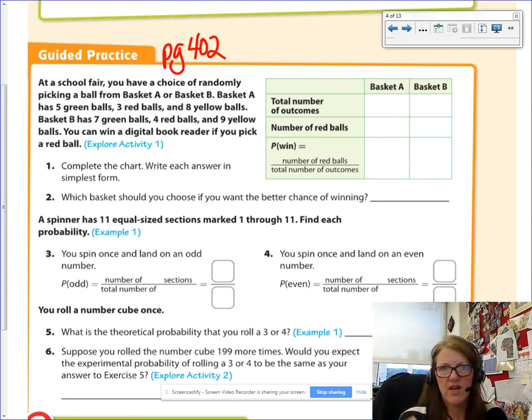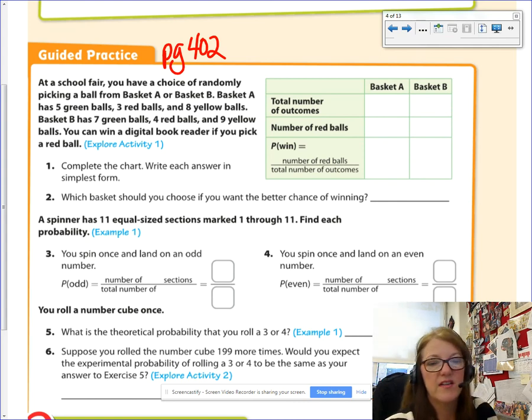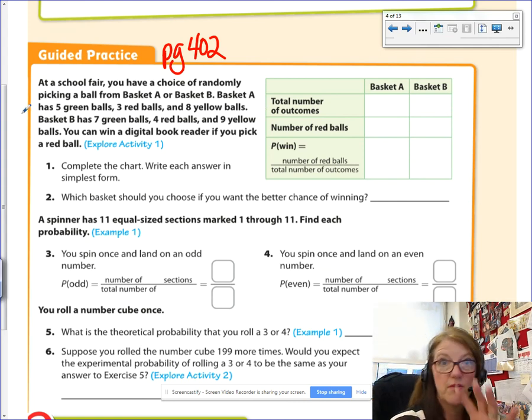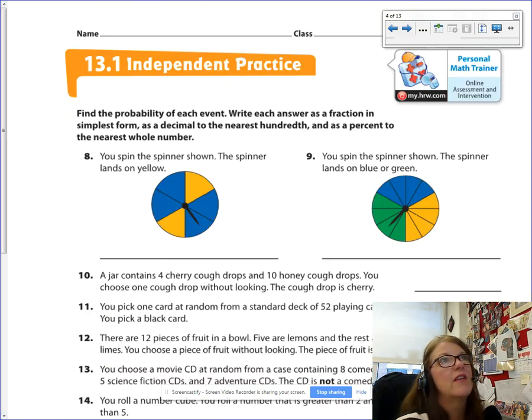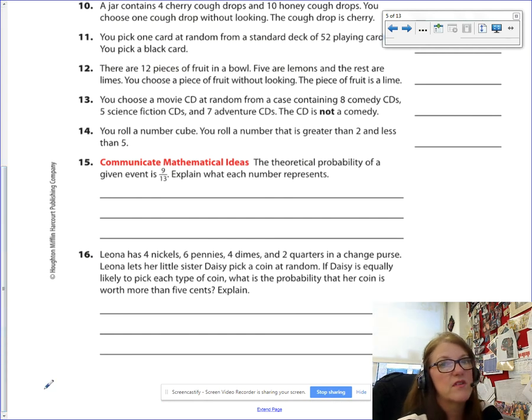Make sure you read the directions so that you know, do they want you to write your answer as a decimal, as a fraction in simplest form, as a percent, all three? Make sure you answer it properly depending on what they ask you. If you have the choice, then you can decide which way you want. All right, so page 402 and 403. And as always, good luck and may the force be with you.